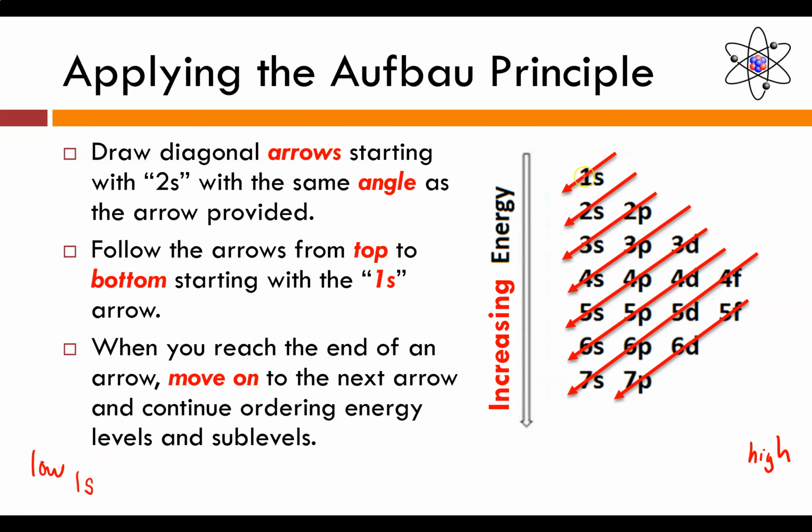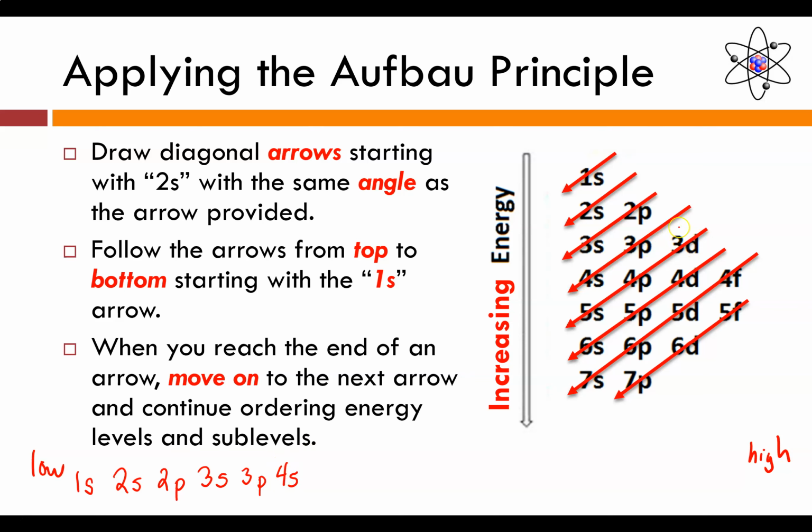Okay, nothing else on that arrow, so let's look at the next arrow, 2s. That arrow is finished: 2p, 3s. Okay, next up we've got 3p, 4s. We're just going to continue on with that.